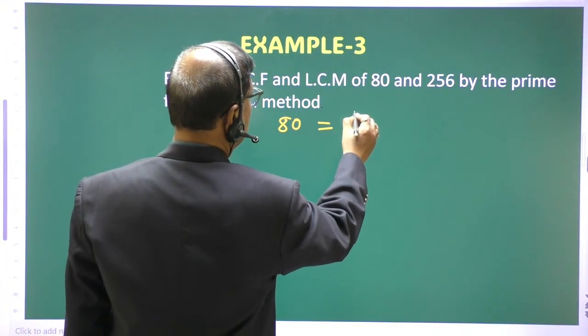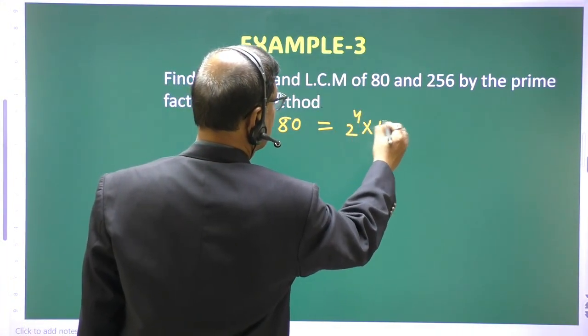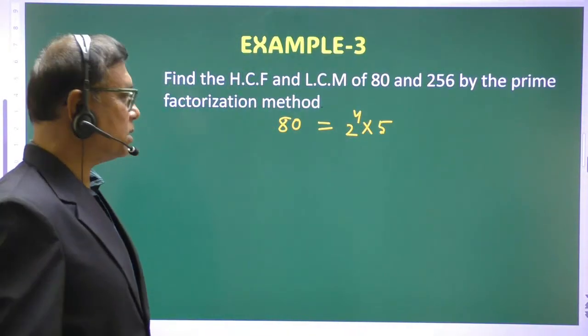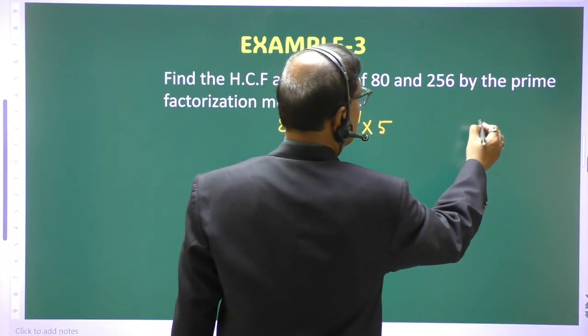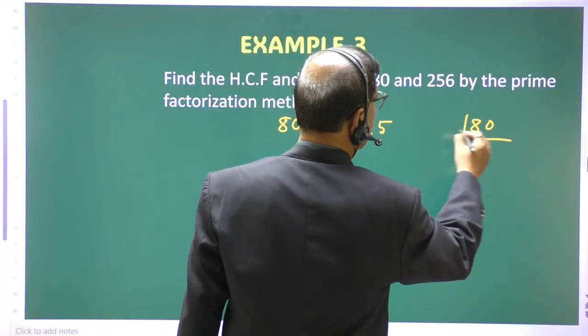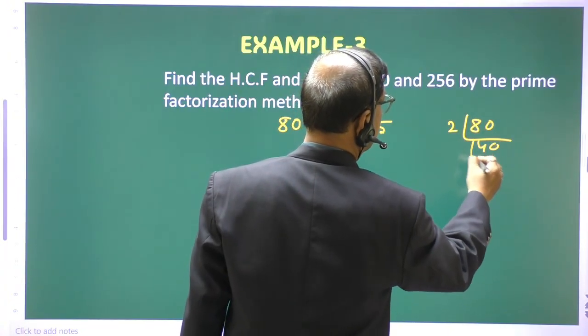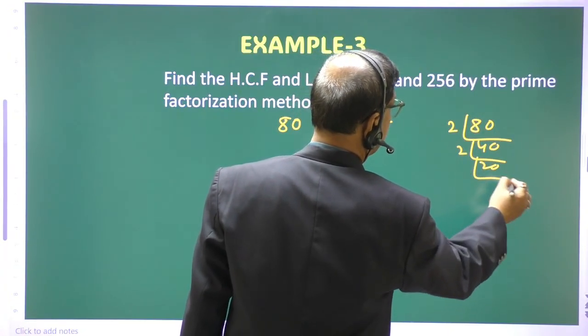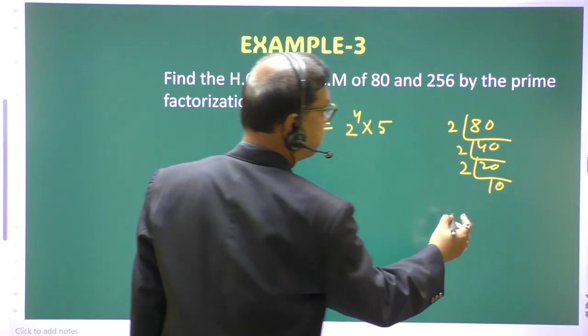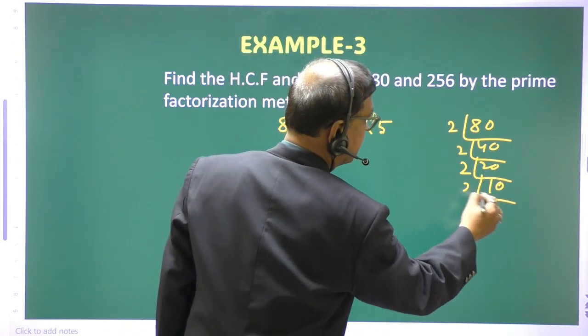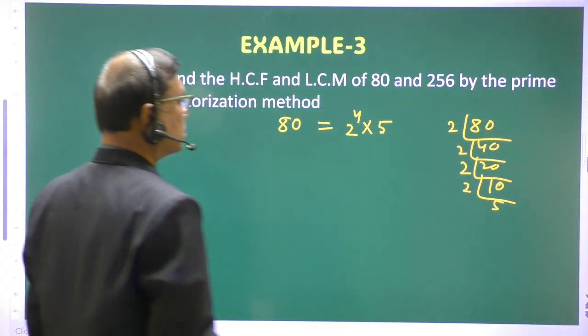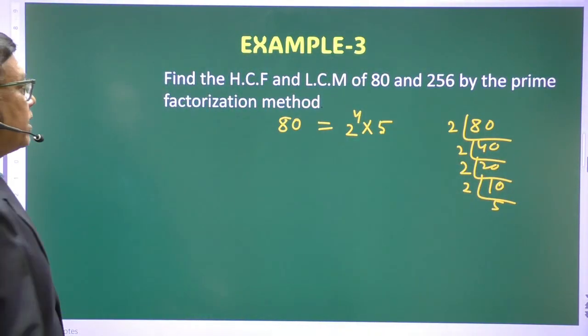It will be 2 to the power 4 into 5. How did 2 to the power 4 come? 80, the factors: 2, 40, then again 2, 20, again 2, 10, and 2, 5. That's why 2 to the power 4 into 5.